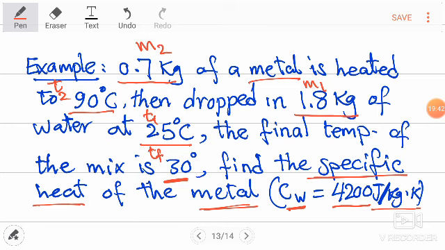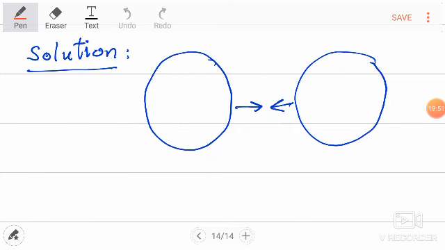Find the specific heat of the metal, C2. Specific heat of water, C1. So, M1 equals 1.8 kilogram. C1, this is the water and this is the metal.